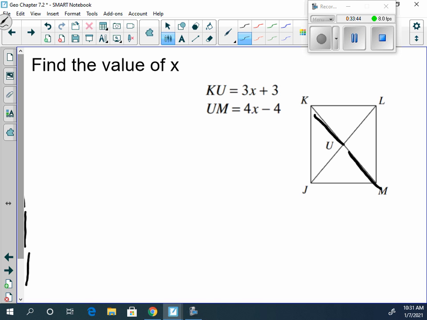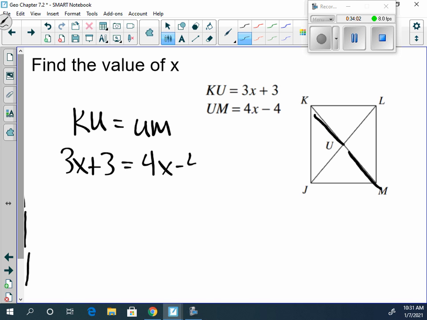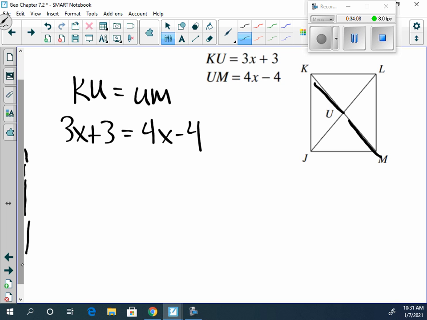The same. They're equal. So I can set them equal to each other because KU is equal to UM. Because the diagonals inside a parallelogram bisect each other. So these would be equal. So 3x plus 3 is going to equal 4x minus 4.